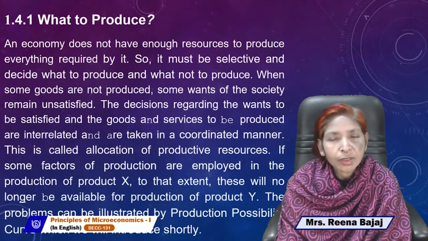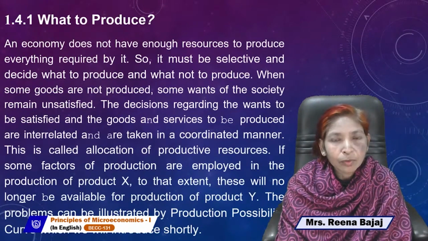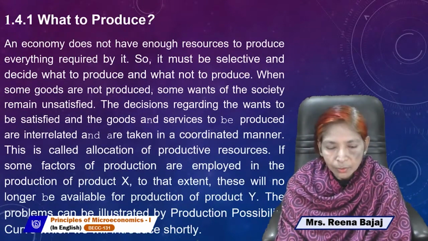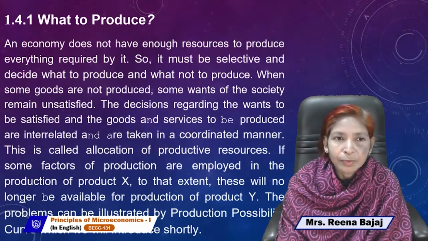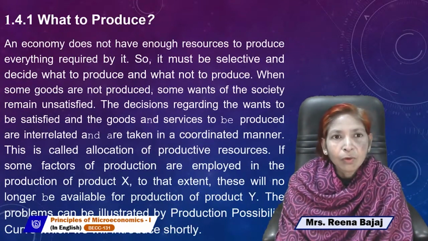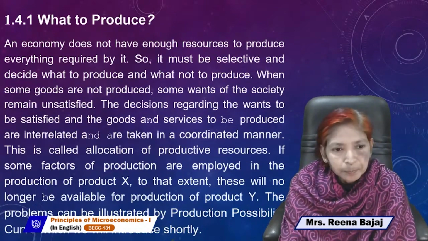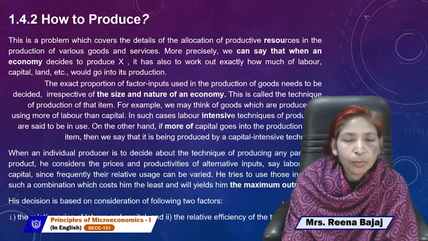If there is a peaceful time period, no war, then producers will produce more consumer goods and less capital goods. So that we can solve this problem, what to produce, we see what type of situation is prevailing in our country.